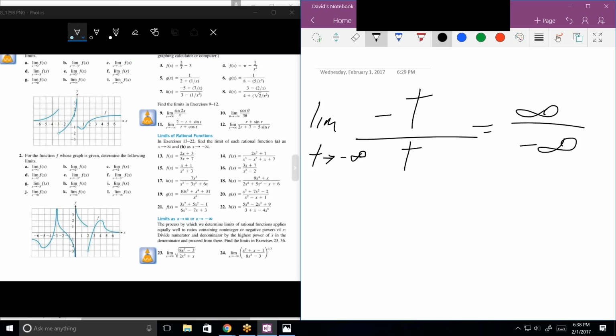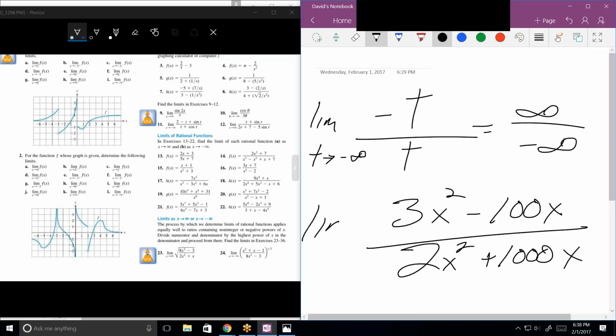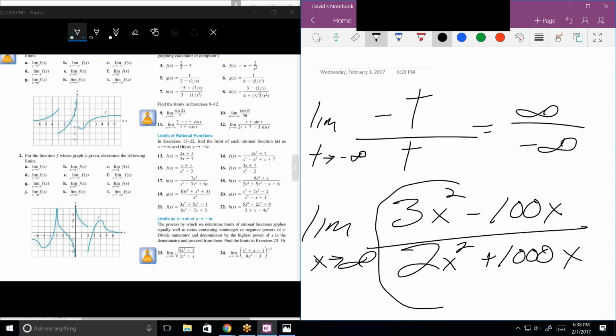And it's kind of like this. If I had 3x squared minus 100x divided by 2x squared plus 1,000x, and I want the limit of that thing as x goes to infinity, well, the only thing we care about is that. We can ignore everything else.